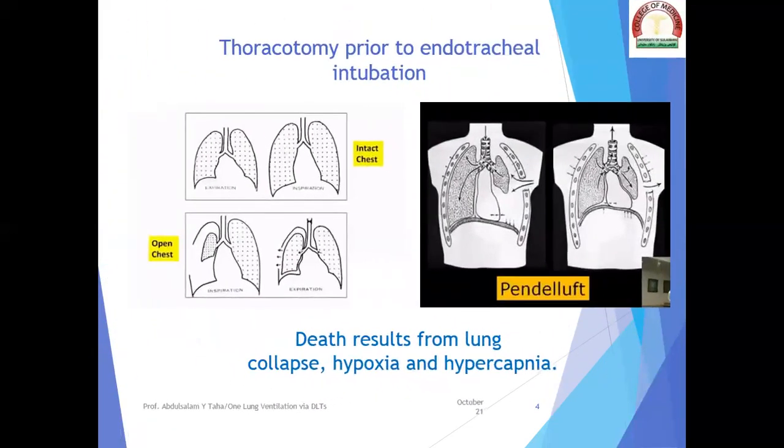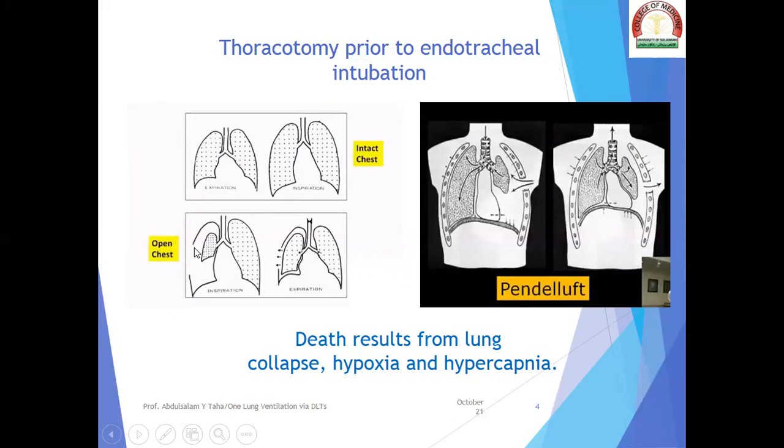So thoracotomy prior to endotracheal intubation was like that. When we look at this picture, when the chest is intact, both lungs expand during inspiration and decrease in size during expiration.